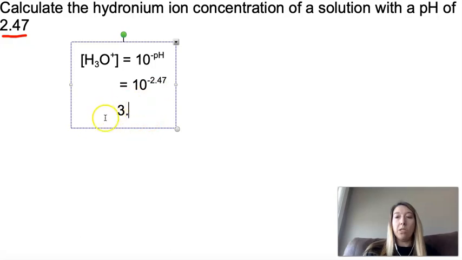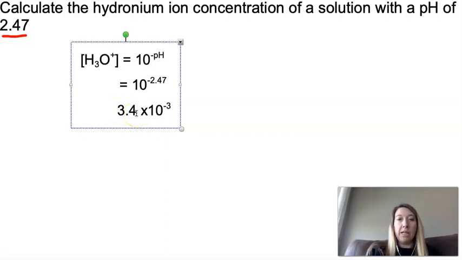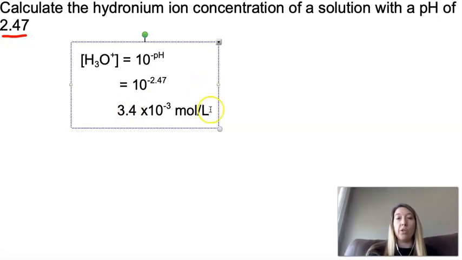When I get my concentration, this has normal sig dig rules. So the 3 counts as significant. So it's going to be 3.4 times 10 to the negative 3. Okay, and this does have units, and I have to make sure that I don't forget about those. So it's going to be moles per liter because it's a concentration. So sig digs go backwards, right? Look at decimal places to be able to determine total significant digits.